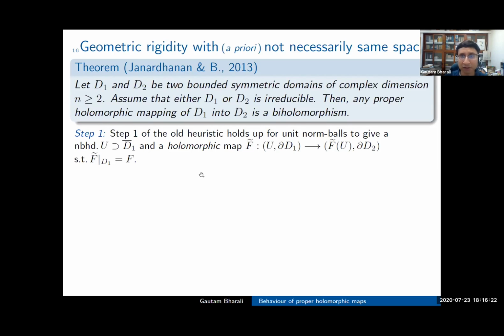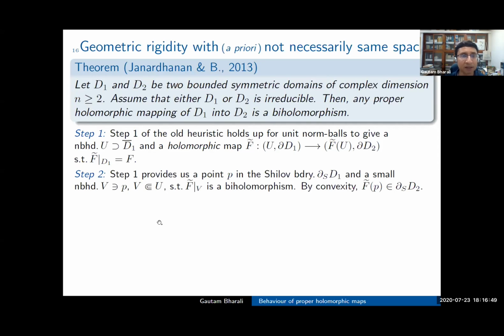But it turns out that when I view D1 and D2 in the Harish-Chandra realization, that is, as unit norm balls, I can extend a proper holomorphic map to a holomorphic map living on a slightly larger neighborhood of D1. I can do that.